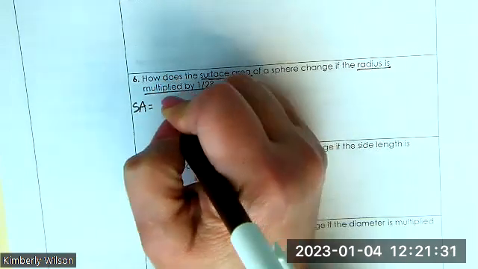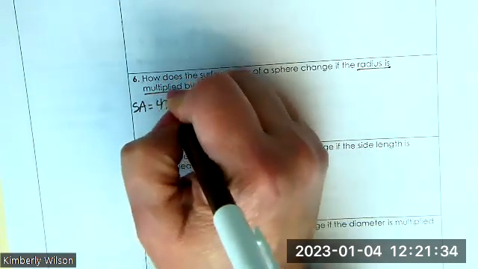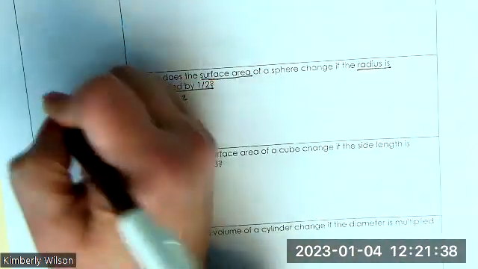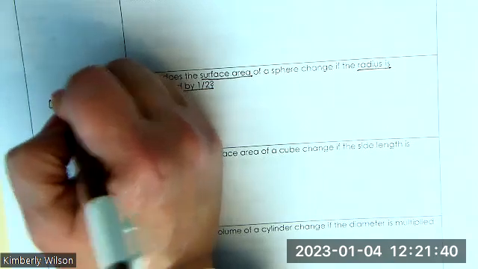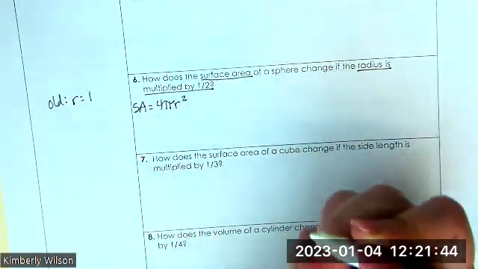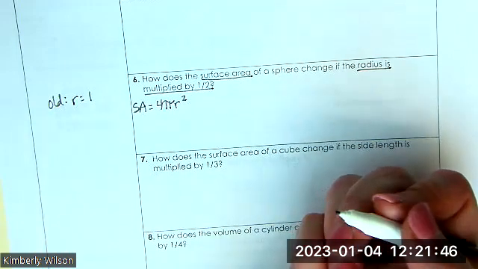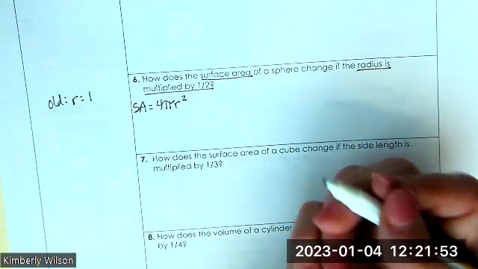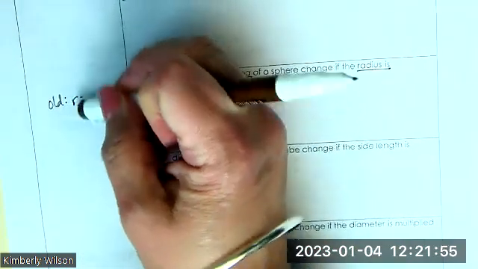that formula is 4 pi r squared. So again, for the old, my radius 1. So therefore, let's make it easier because we get to choose our numbers.